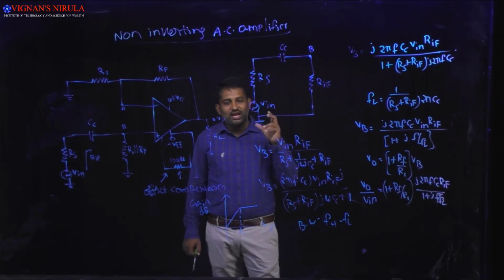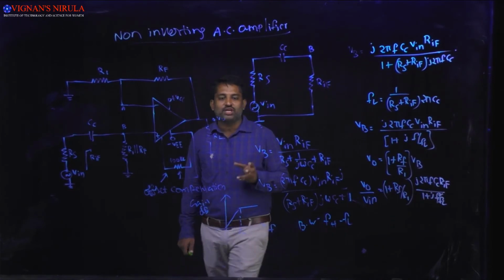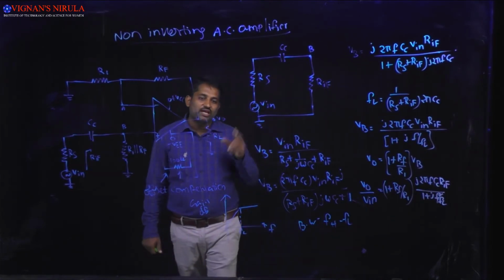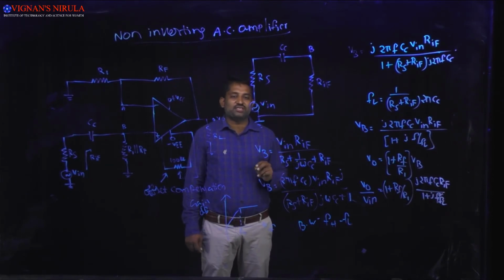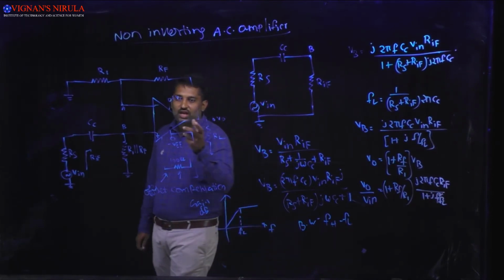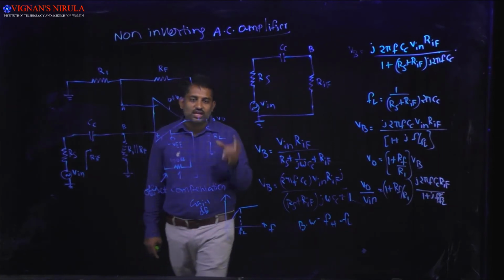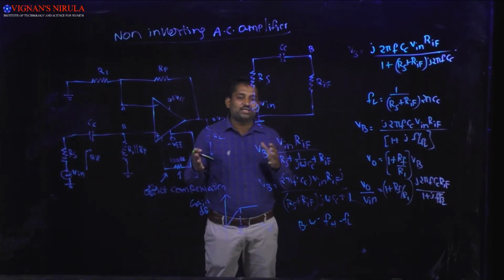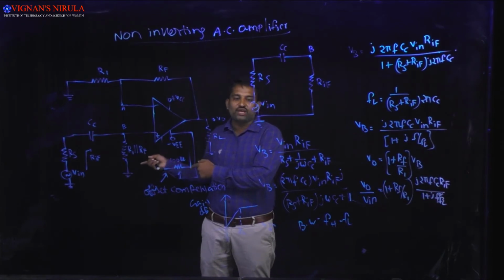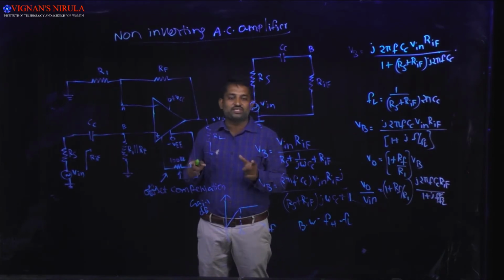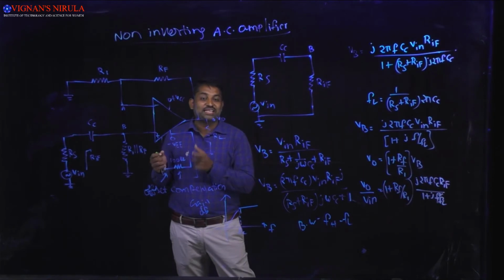Whenever they ask you to write about AC amplifiers, you have to write about the inverting AC amplifier as well as the non-inverting AC amplifier. Once you observe the circuits, here we are using the compensating network, whereas in the inverting AC amplifier also we used the compensating network as well as a compensating resistance.